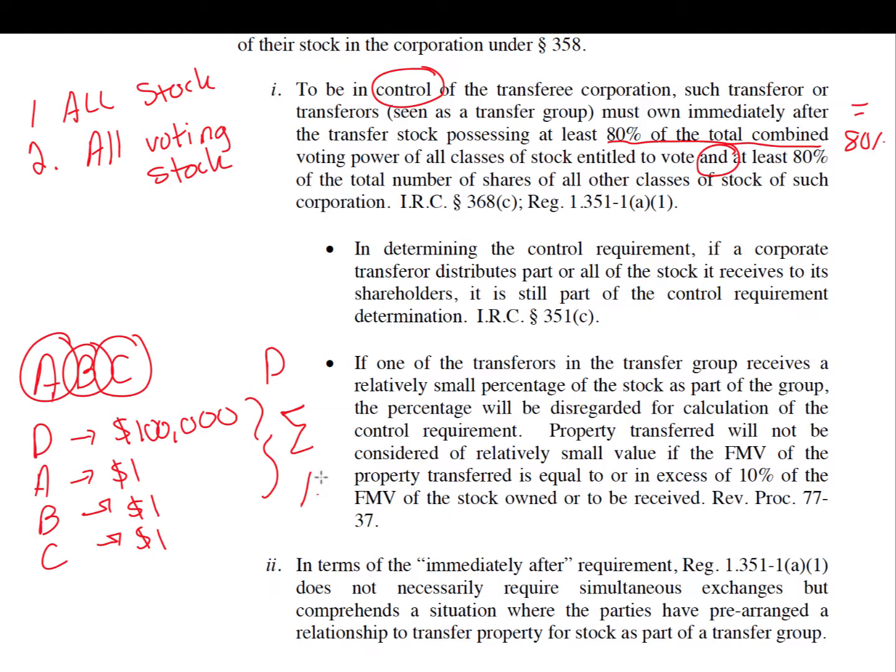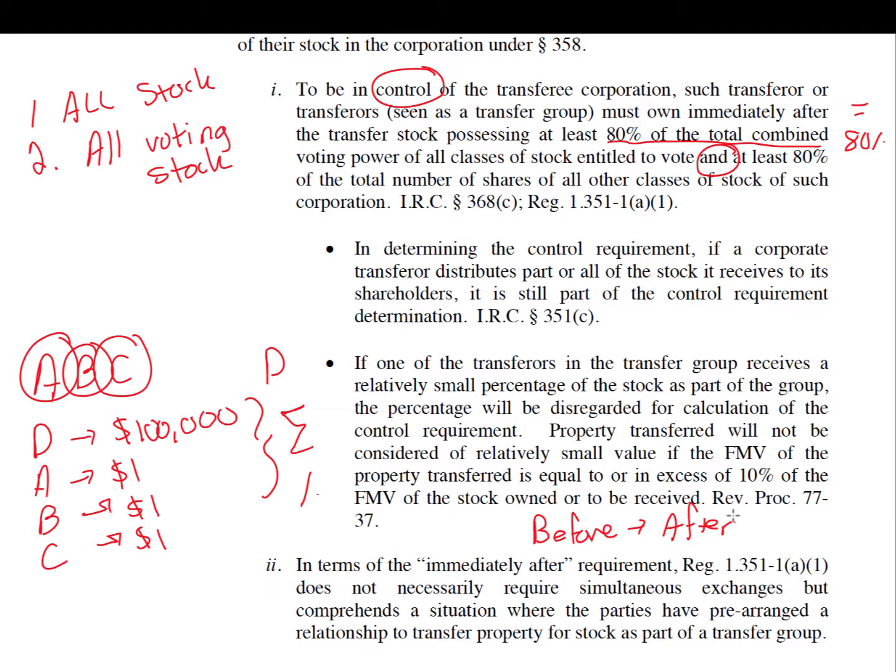A, B, C, and D all own 100% of the corporation after this event. You look at before and after. This is a way that people were getting D, who would have been subject to taxation. Well, actually, D wouldn't have, because D is contributing cash and there's no gain inherent in cash.